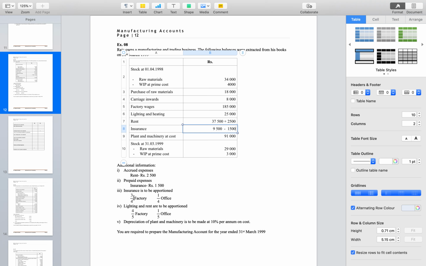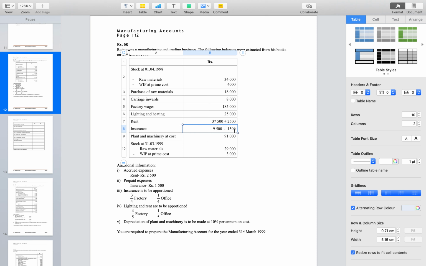Next one, right? So here they have said insurance is to be apportioned 3/4 to the factory and 1/4 to the office. So quick recap on manufacturing accounts: remember, manufacturing account is something that you do for your factory, not for your office. So as you can see over here, from the total insurance bill of 9500, deducted 1500 means the balance is 8000 rupees.